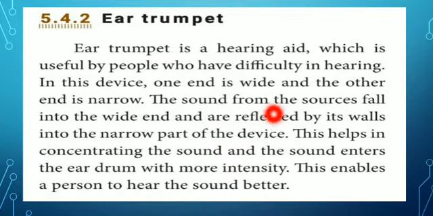The sound from the source falls into the wide end and is reflected by its walls into the narrow part of the device. This helps in concentrating the sound, and the sound enters the eardrum with more intensity, so this enables a person to hear the sound better.